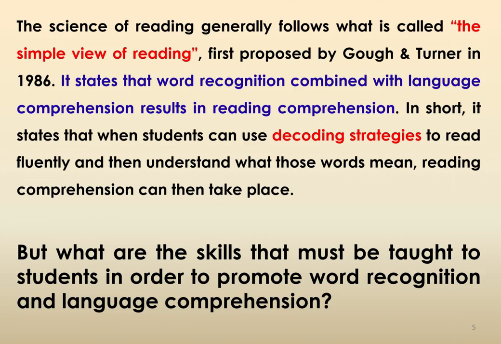In short, when our students can successfully use decoding strategies to read words fluently and they actually understand what these words mean orally, then we say that comprehension naturally takes place. So, what specific subskills do we need to teach to make this happen?